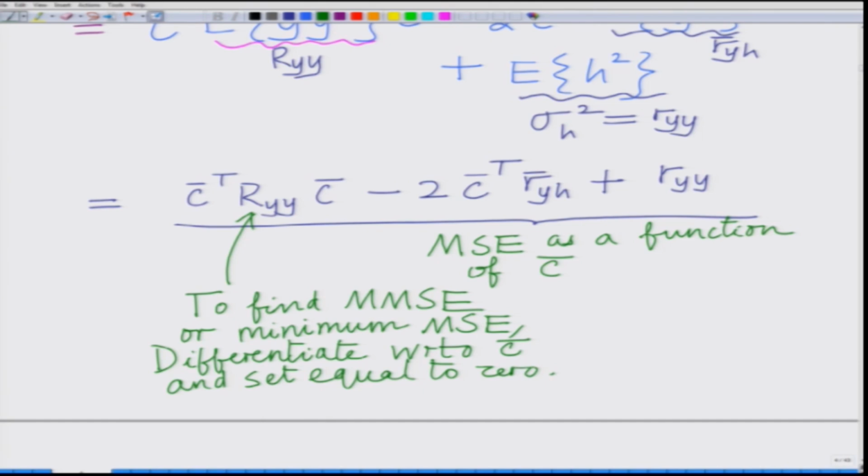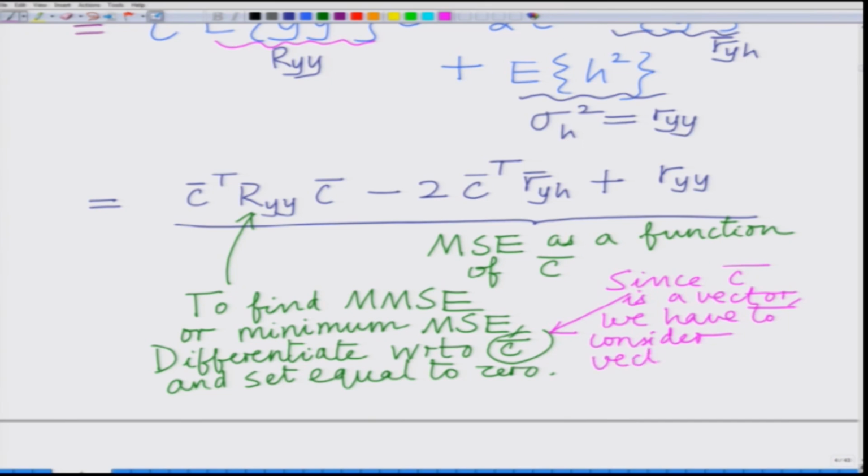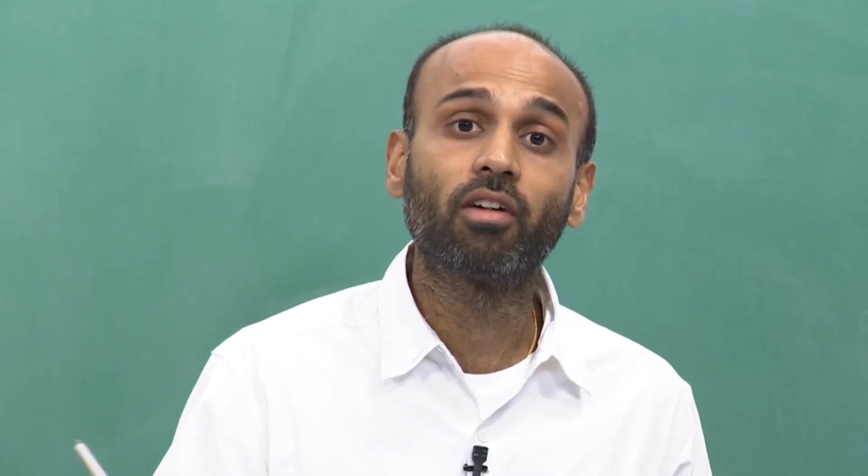However, since C bar is a vector, we have to consider the vector derivative, that is, how to differentiate this quantity with respect to the vector C bar.